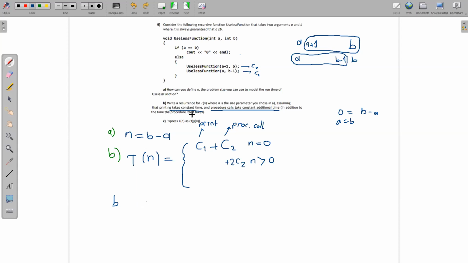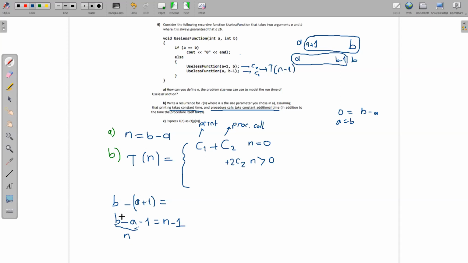I'm so sorry, b minus a plus 1 will give us that value, b minus a minus 1, and b minus a is n, and it will give us n minus 1. So it will take an input size of n minus 1. So it is T(n minus 1).